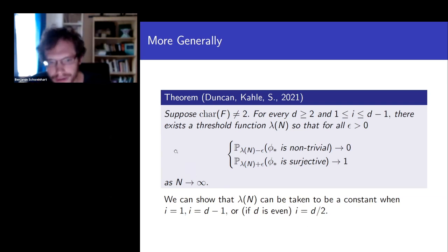However, we can show that for one-dimensional Plaquette percolation, which is bond percolation on the torus, and d-1 Plaquette percolation, its dual, we can take our threshold function to be a constant. And that will correspond to the critical probability for bond percolation on Z^d.